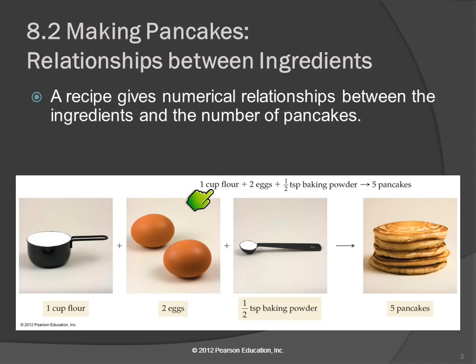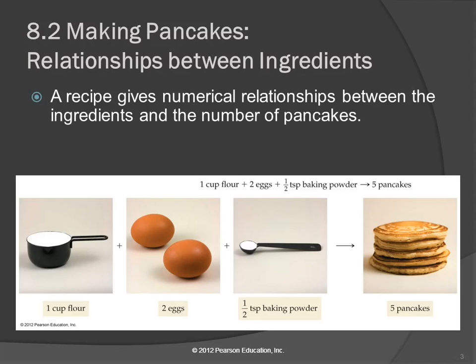Our ingredients are the reactants, the flour, the eggs, the baking powder. The product is pancakes. And there are numerical relationships, right? You need a particular amount of flour to make that many pancakes. And if you double the amount of all the ingredients, the reactants, then you're going to double the amount of product, right?